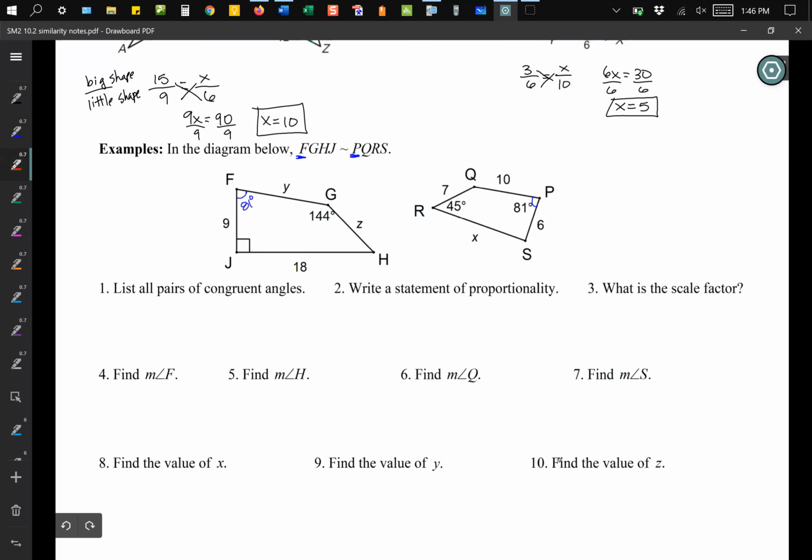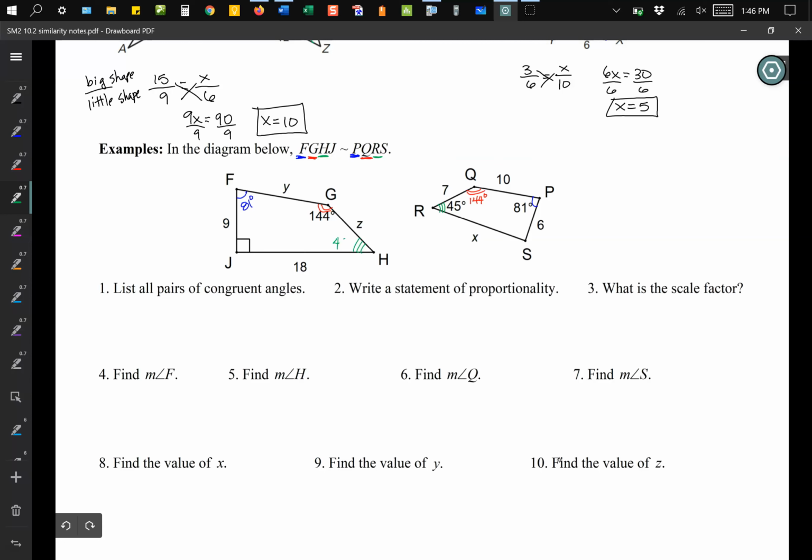Cool, extra info. G and Q are the same. And, oh, hey, G is 144 degrees, so Q must be 144 degrees. H and R are the same. Oh, look, R's 45 degrees.